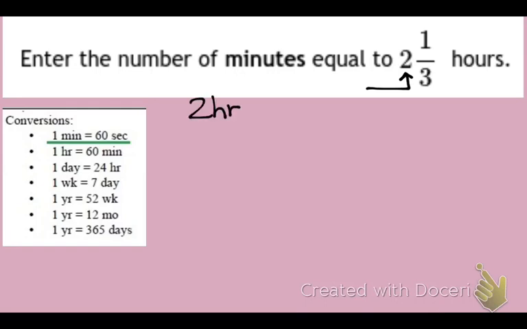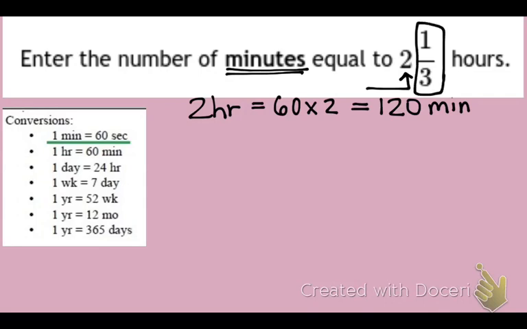How much is that going to be equal to in, what do they want us to find? They want us to find minutes. So 2 hours is 60 times 2, isn't it? 60 minutes in 1 hour, but we want to find out how much it is in 2 hours. So that would be 120 minutes, which just leaves us this fraction of 1/3.